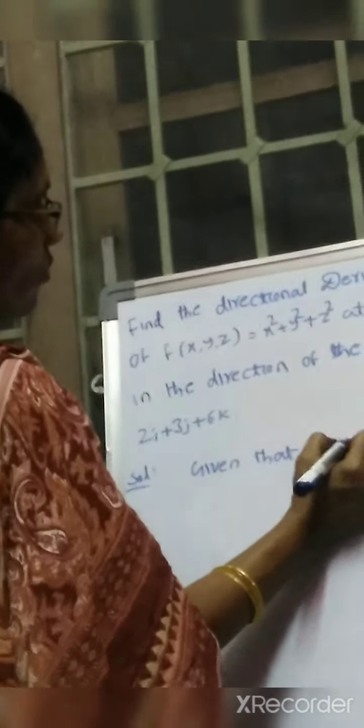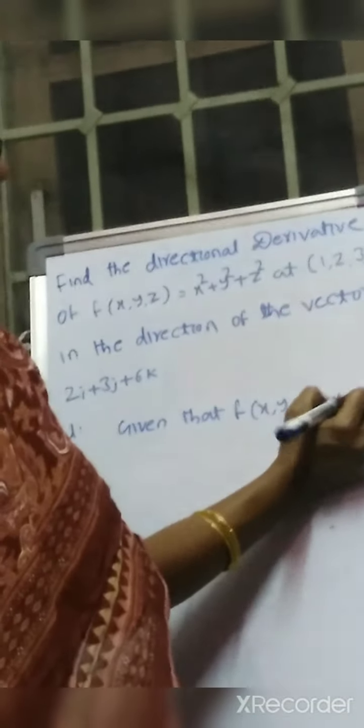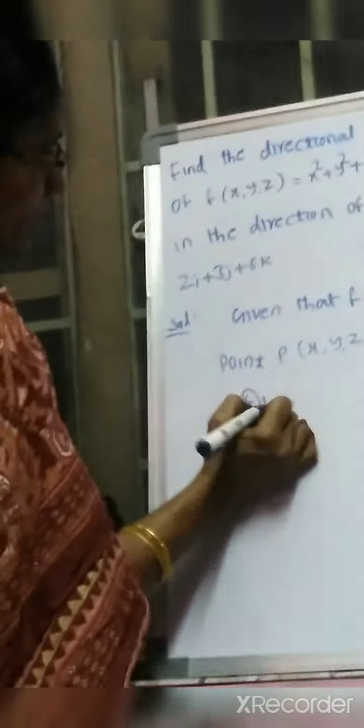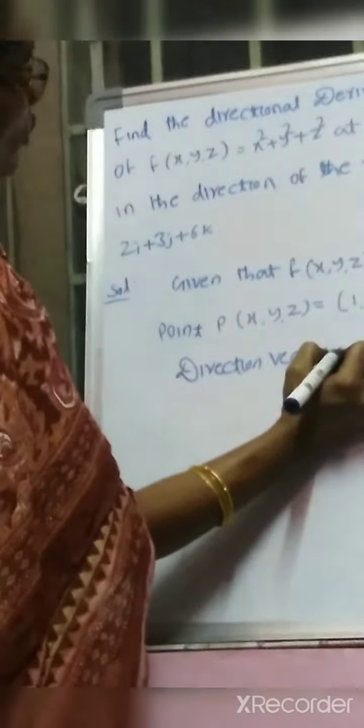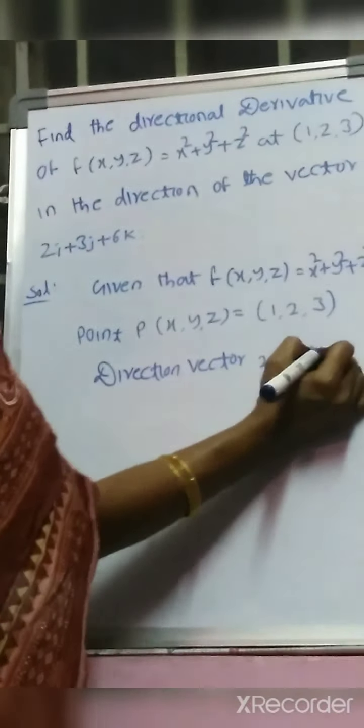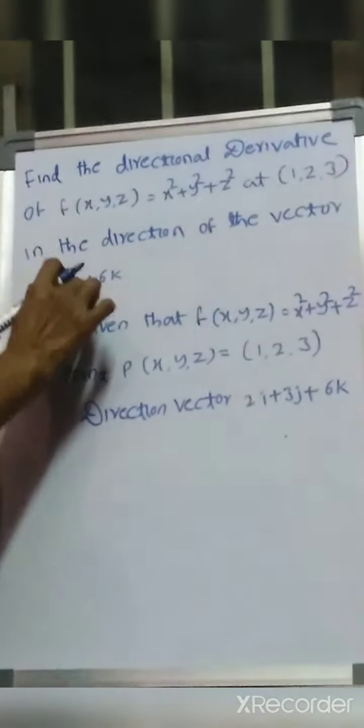Given that f of x, y, z is equal to x square plus y square plus z square, and the point x, y, z is 1, 2, 3. The direction vector is 2i plus 3j plus 6k.